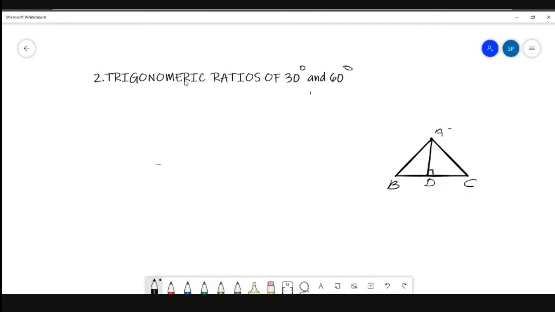Now let us consider in the equilateral triangle, each angle A equal to B equal to 60 degree. So we write here like this. Consider triangle ABC as an equilateral triangle.